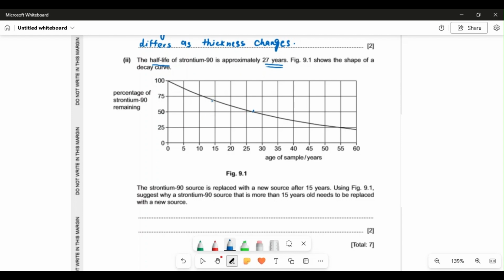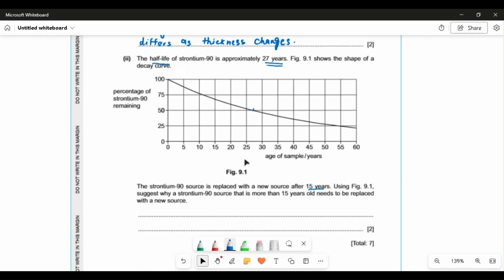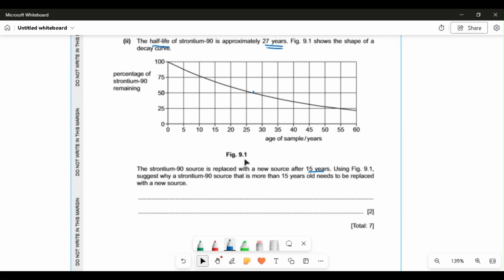At 12.5 years it's around this much, 75%. Now the strontium-90 source is replaced by a new source after 15 years. Using figure 9.1, suggest why a strontium-90 source that is more than 15 years old needs to be replaced.